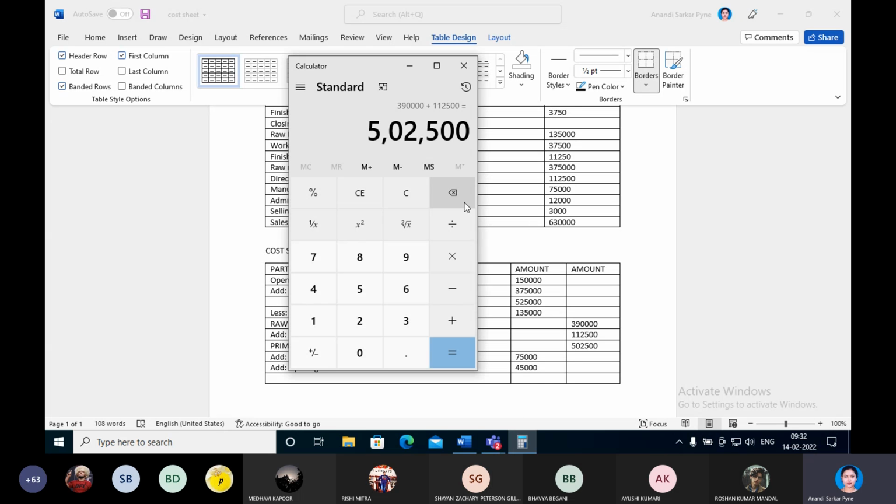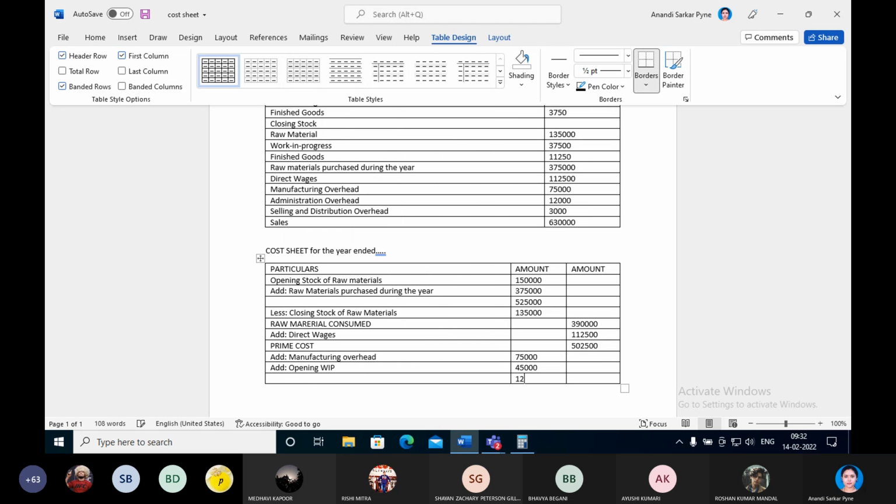So 75 plus 45, 1 lakh 20, less closing work in progress, which is 37,500.